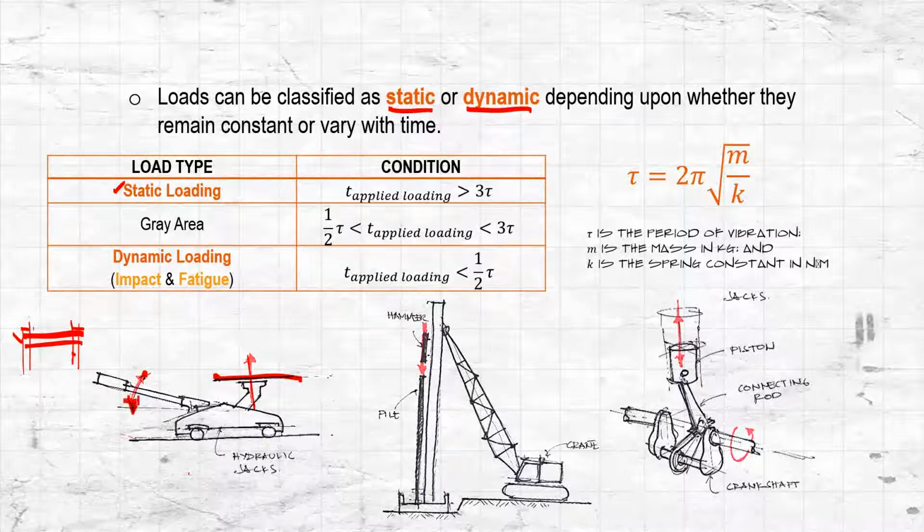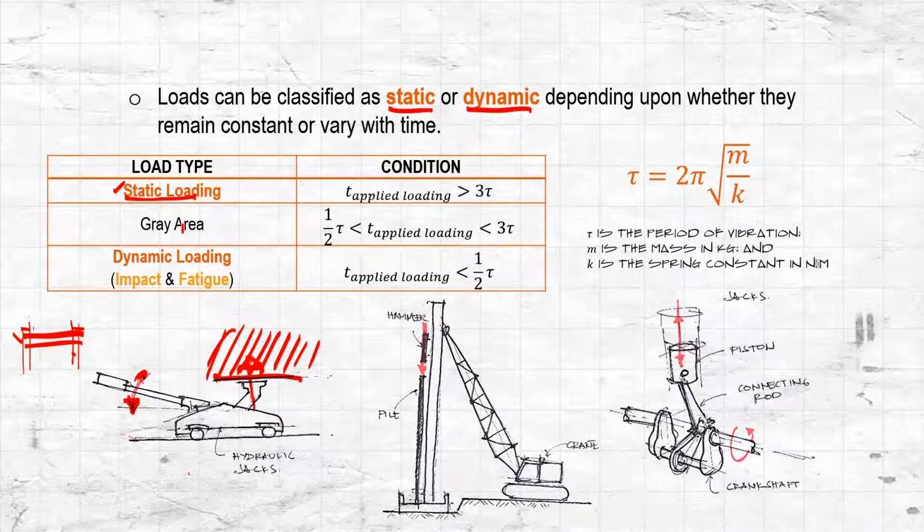Because of this action right here, there's going to be a force that pushes this body, or this material right here is being pushed up. Even though there are changes in the force, the application of the force is just gradual, so it can be analyzed as a static loading.